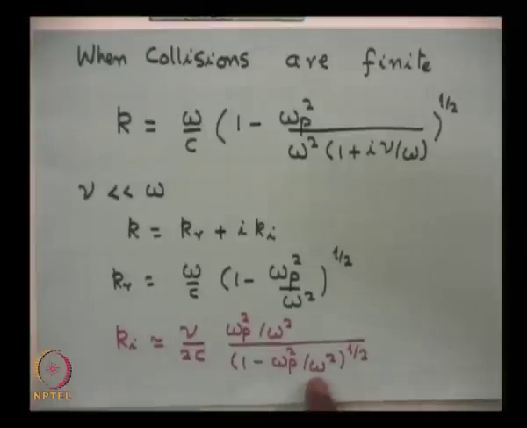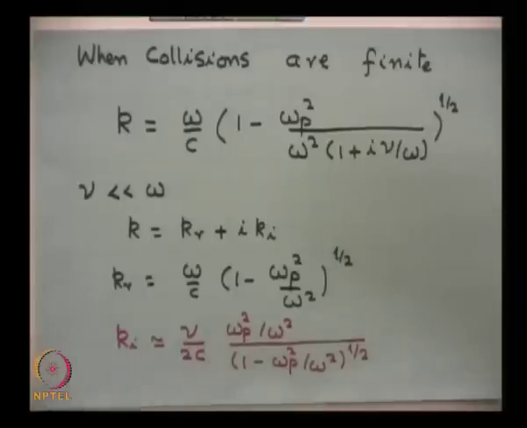You may check here that nu, if you increase, a plasma with high collisionality, will give you a higher value of k imaginary, and the imaginary part of k always gives rise to damping of the wave. It is also called the damping coefficient or attenuation constant, and in the vicinity of omega equal to omega p, this term is most dominant.